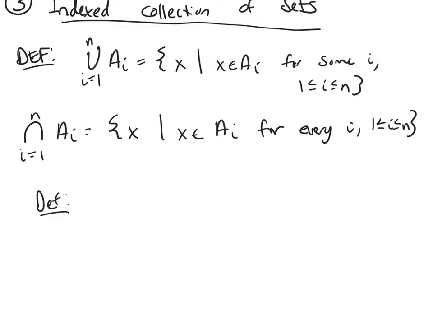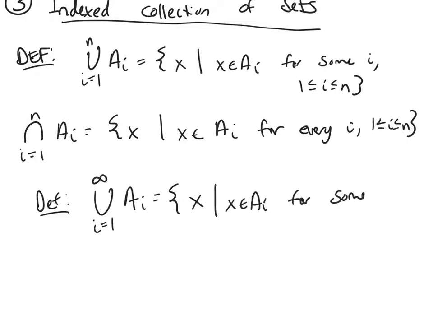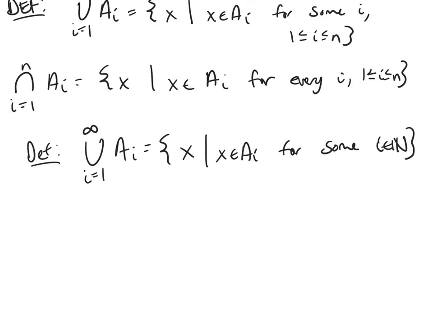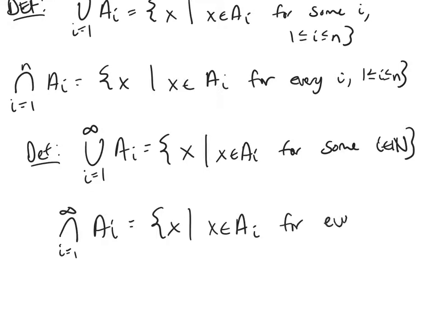So, for example, if I take the union from i equals 1 to infinity of A_i, this would be all the elements x, where x is in A_i for some i in the natural numbers. And then the intersection would be the collection of elements that are in every A_i for every i in the natural numbers.